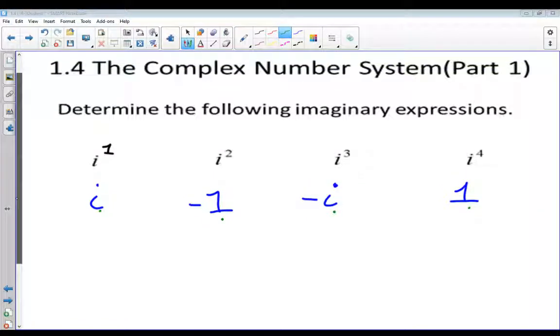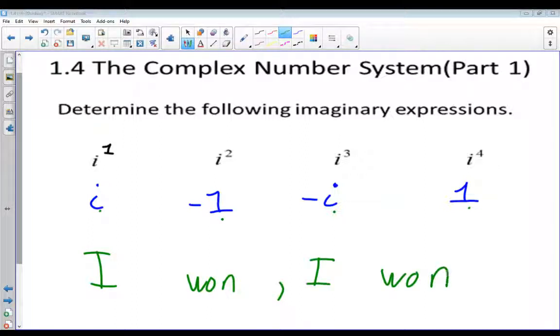In Algebra 2, I like to call this little pattern the "i won" pattern: i, -1, -i, 1. If you remember that little phrase, memorizing these 4 parts will be a piece of cake.